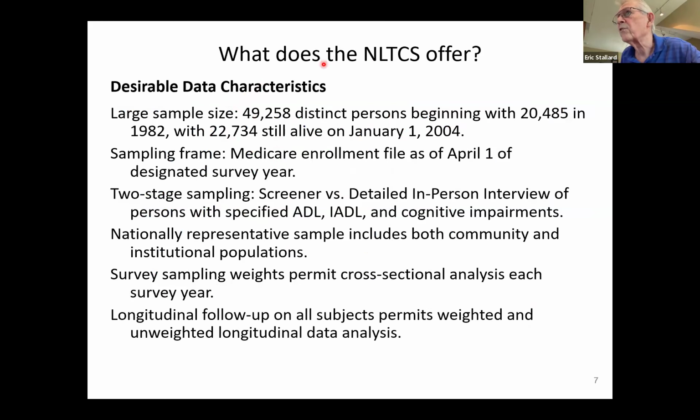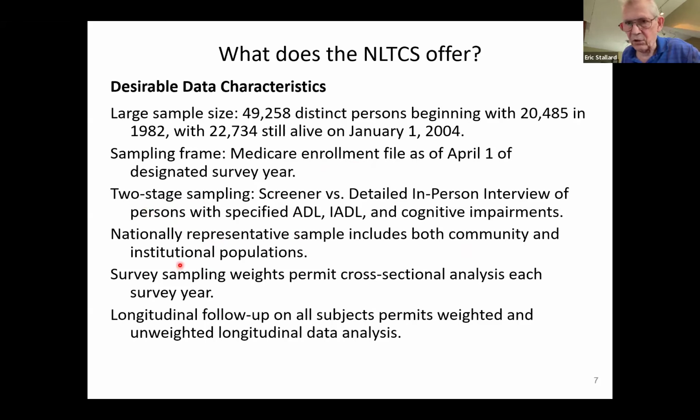So what does the NLTCS offer? Well, large sample sizes. The sampling frame is the Medicare enrollment file as of April 1 of the designated survey year. It has a two-stage sampling design with a screener and then a detailed in-person interview. It's nationally representative, includes both community and institutional populations.